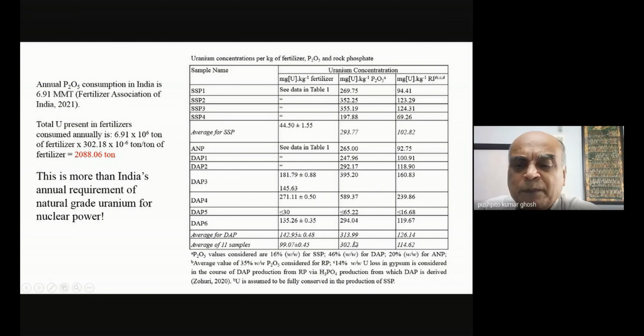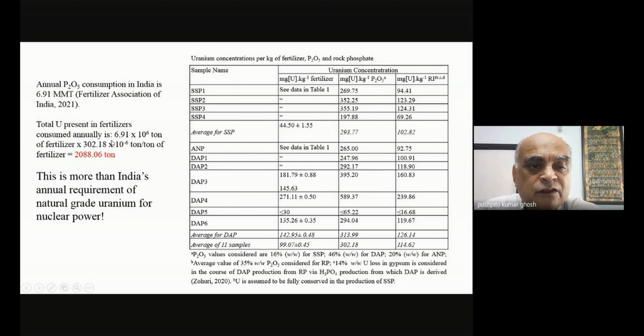So 302 ppm is 302 ton per million ton, right? So I can write it as 302 into 10 to the power minus 6 ton per ton of fertilizer. Now this ton and this ton will cancel out. You'll be just left with the tons of uranium.